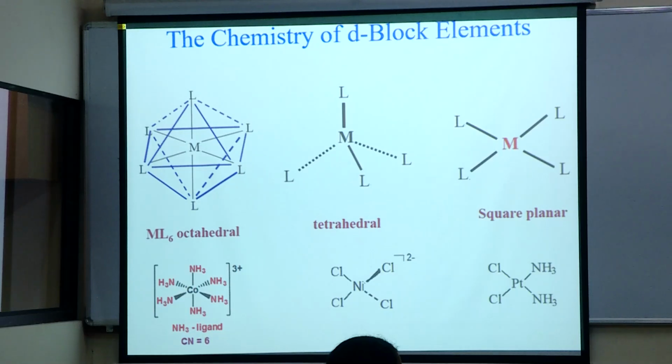So that's why these three different kinds of names are used. Coordination means ligand. So here they have a definite shape and geometry. These transition metal compounds have a definite shape and geometry. So what are those shape and geometry?